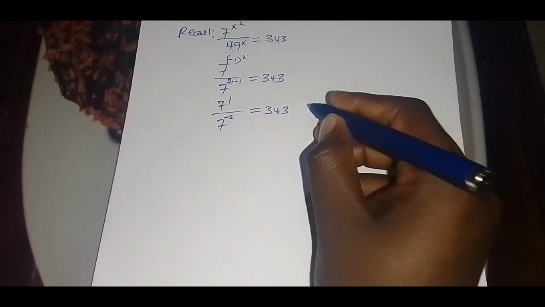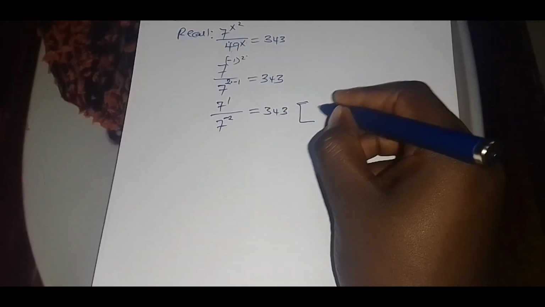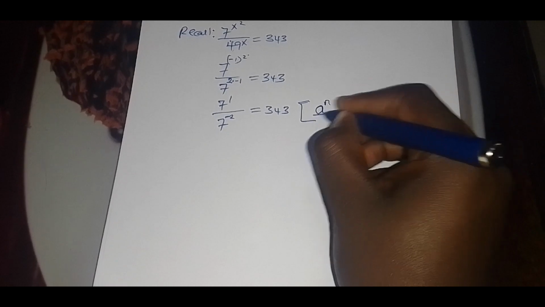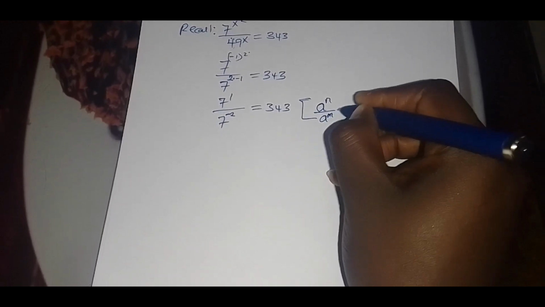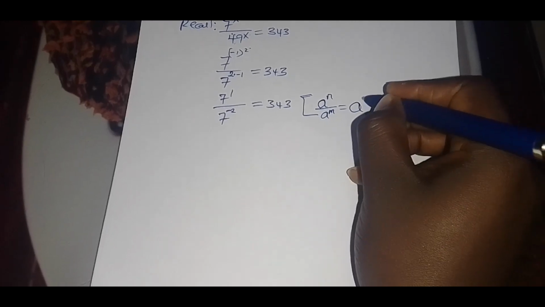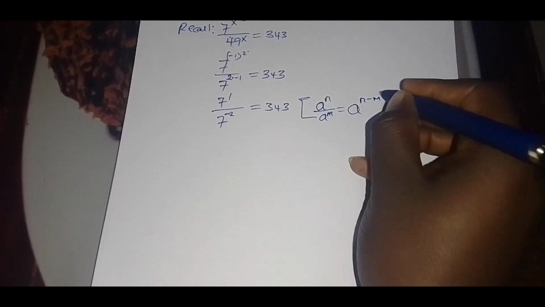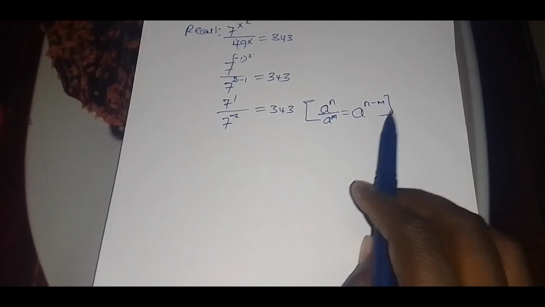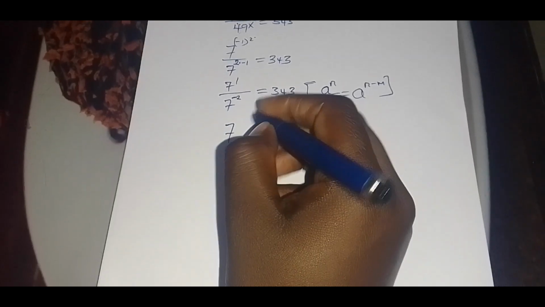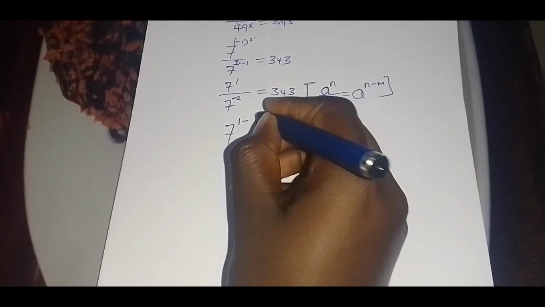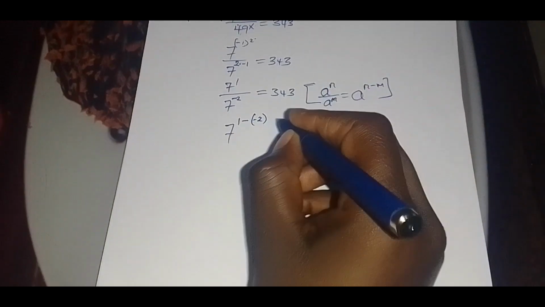So that now applying the indices identity that states that we have a raised to power n divided by a raised to power m, this can be expressed as a raised to power n minus m. So we apply this property so that we're going to have 7 raised to power 1 minus, in the bracket, negative 2.